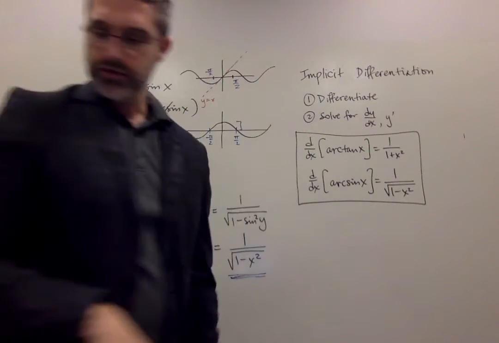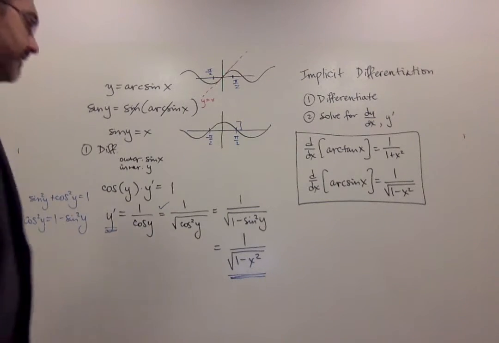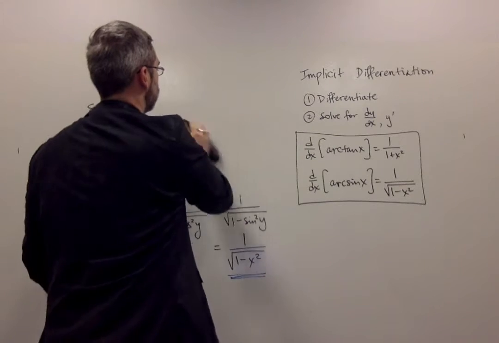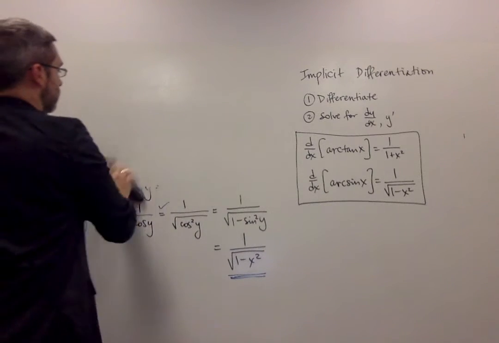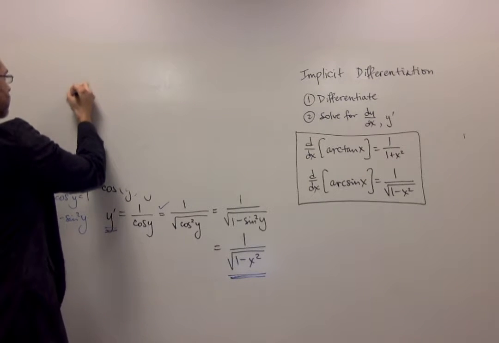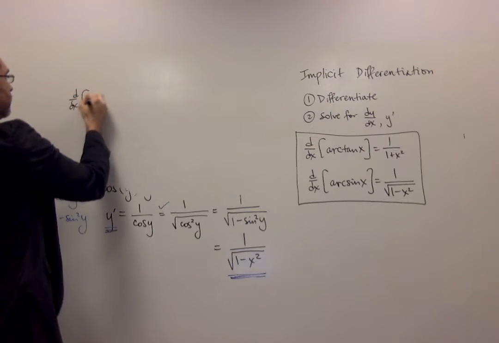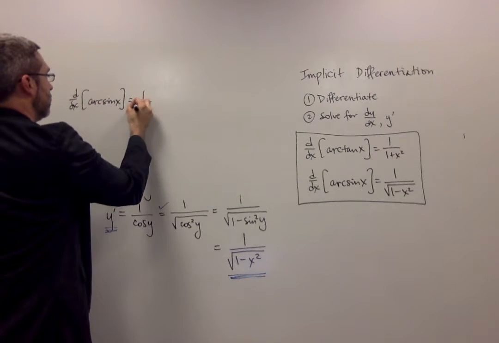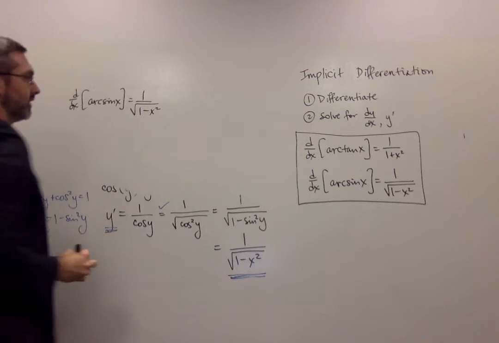Okay, just out of curiosity, it turns out, so I just want to show this to you. I'm not asking you to remember these other inverse trig functions, but the derivative of arcsin is 1 over the square root of 1 minus x squared.